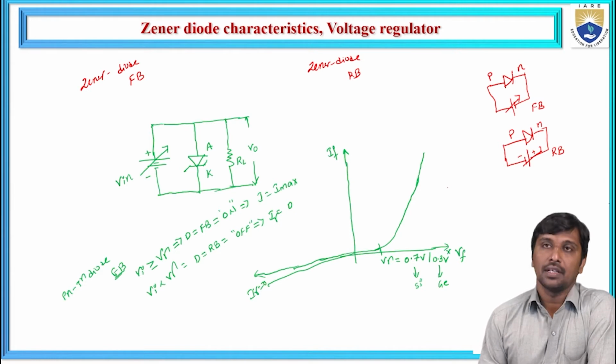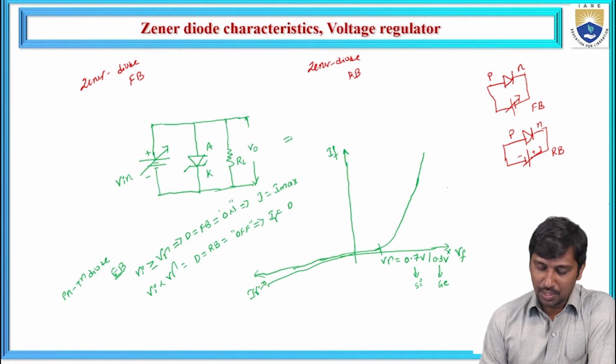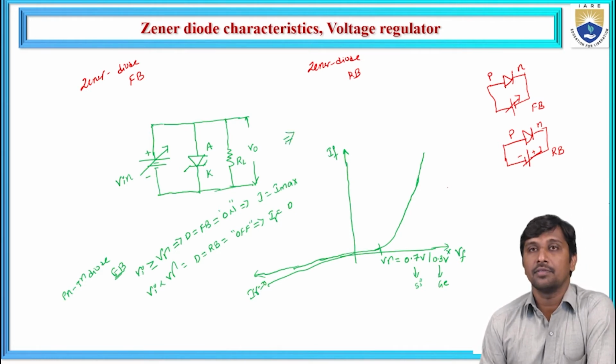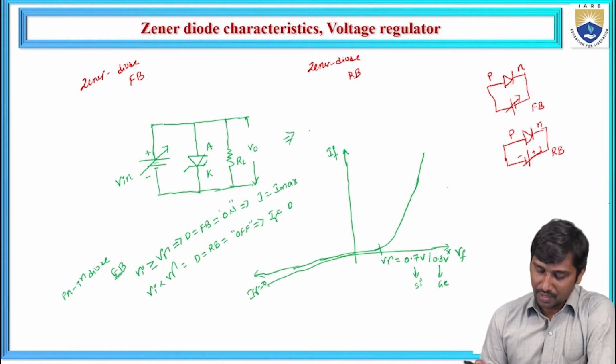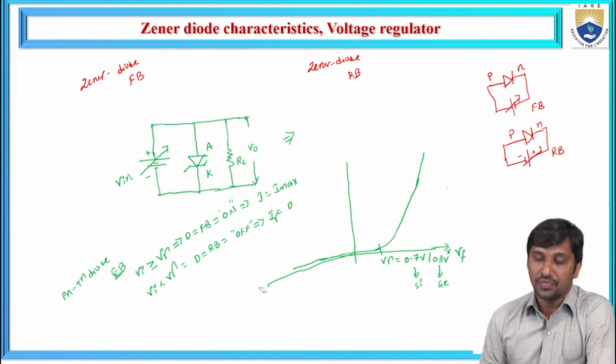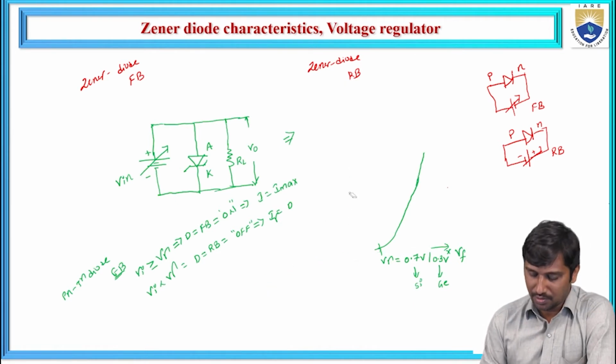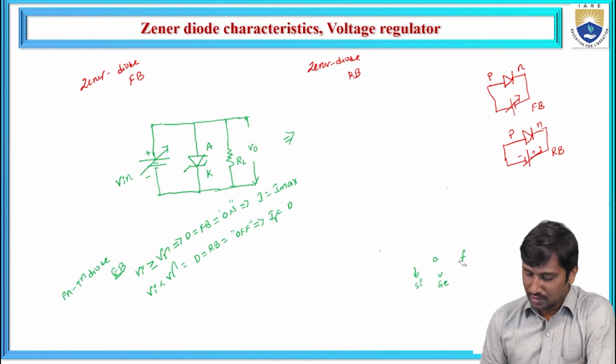Similarly, when a Zener diode is biased under the forward bias, it also looks like a normal PN junction diode. Hence, the characteristics of this Zener diode look like a normal PN junction diode under the forward bias. So let us consider the same characteristics for the Zener diode.